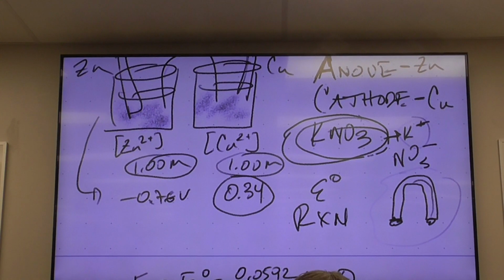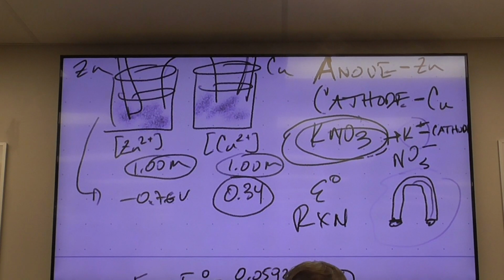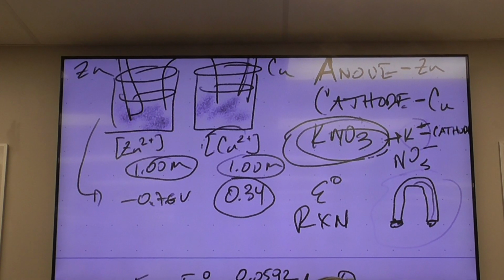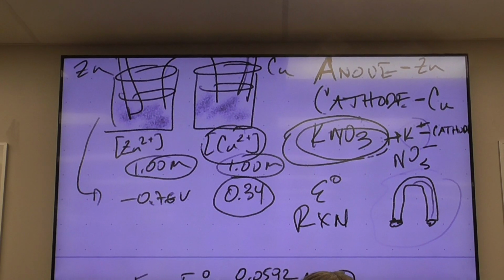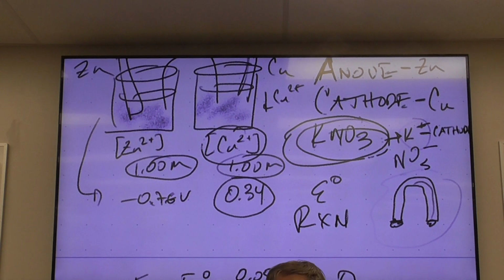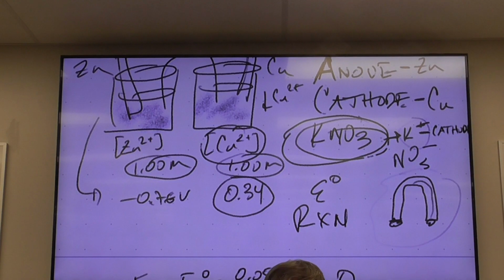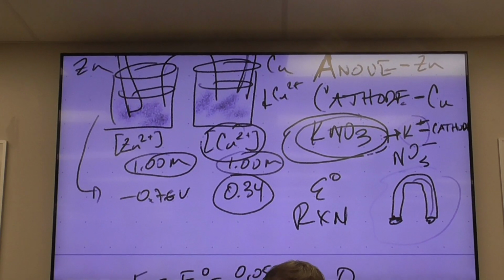Okay. So the cations go towards the cathode, but understand why. At the cathode, which is your copper, what's happening to the concentration of your copper ion? Yeah, so you are decreasing the concentration of your copper ions. So the potassium ions go, oh, this is bad. We're losing positive charges. So to make up for it, the potassium ions go, we got you, we're going to take your place.